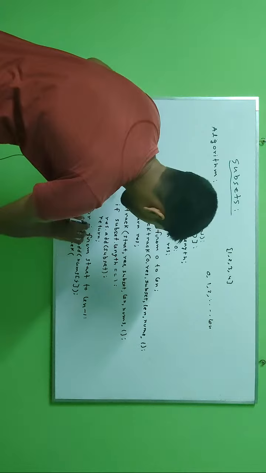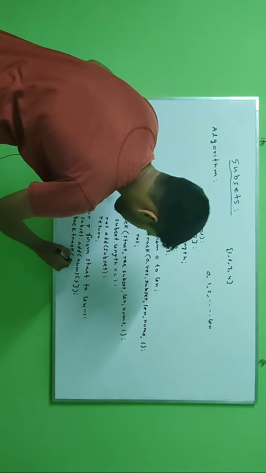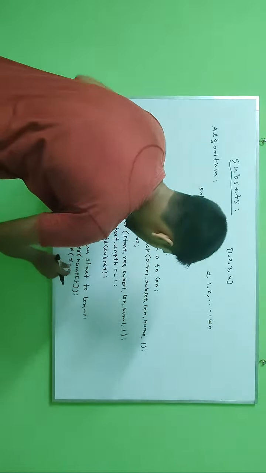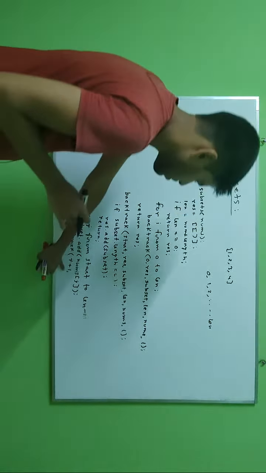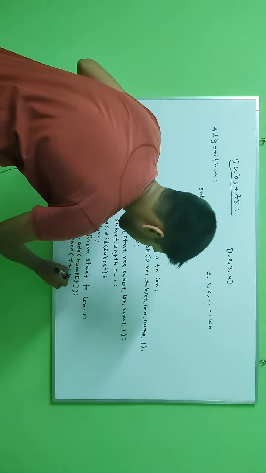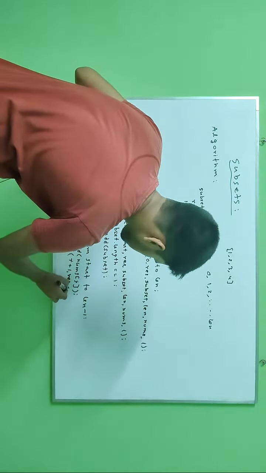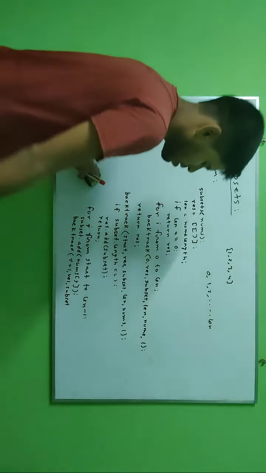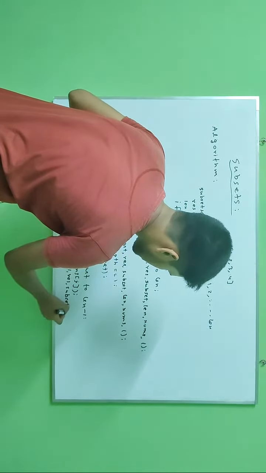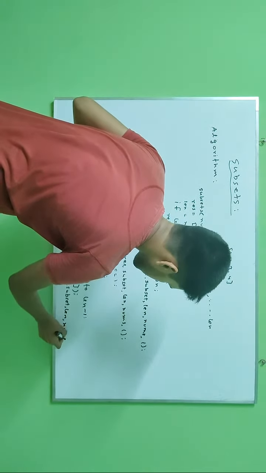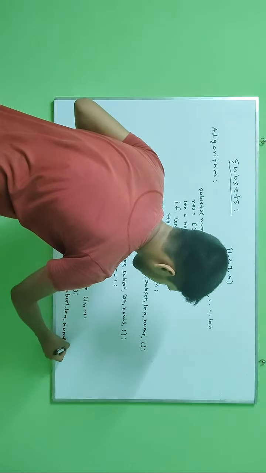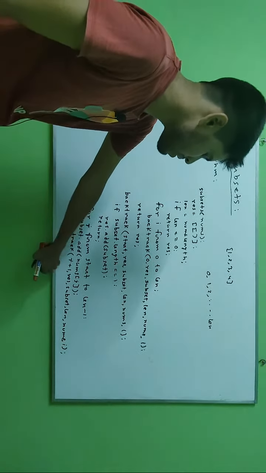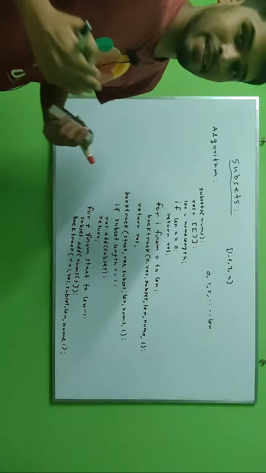So start equals j plus 1, then res, then subset, and nums, which is the given array for the length. We'll just move to the next element, something like this.